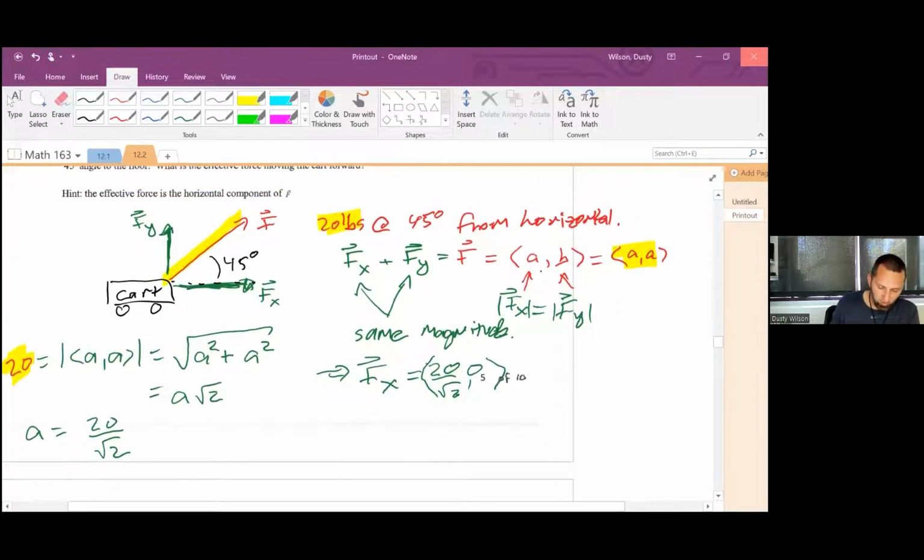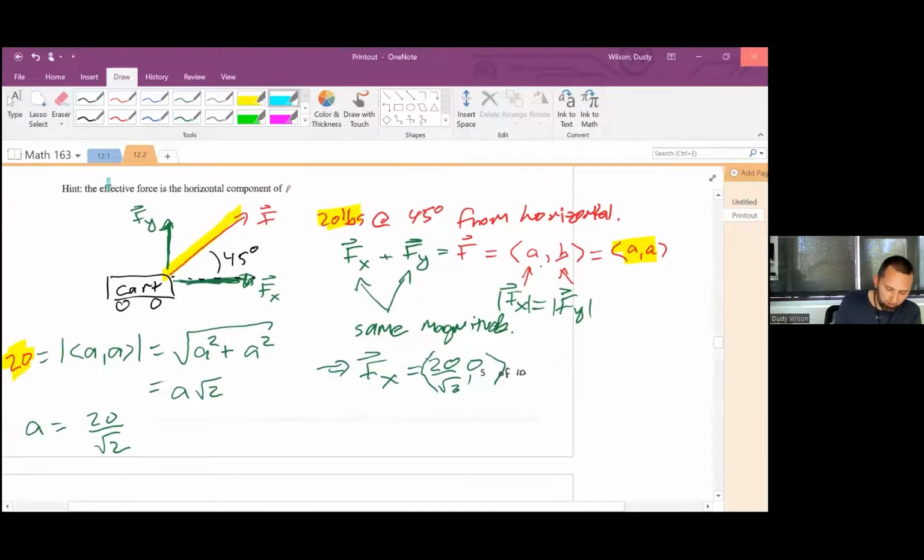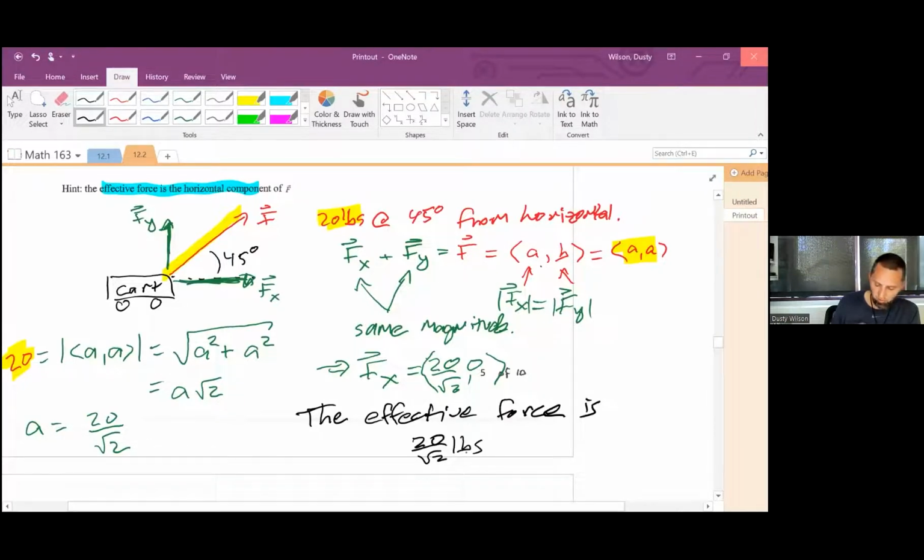And the question is, what's the effective force of the horizontal component? And so our answer is the effective force is 20 over root 2 pounds in the horizontal direction.